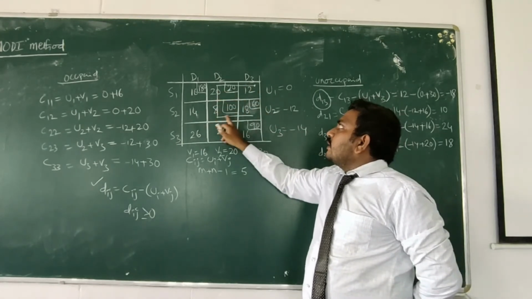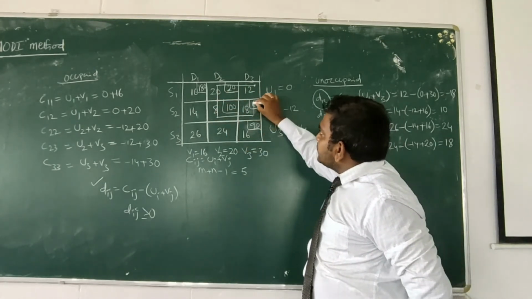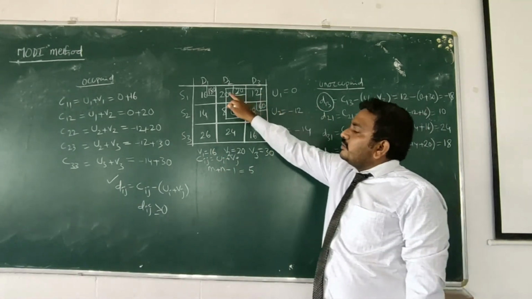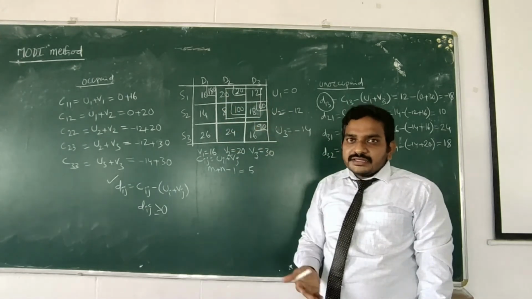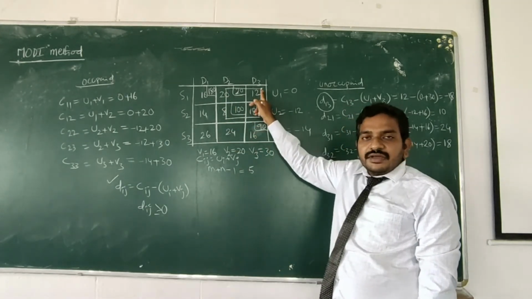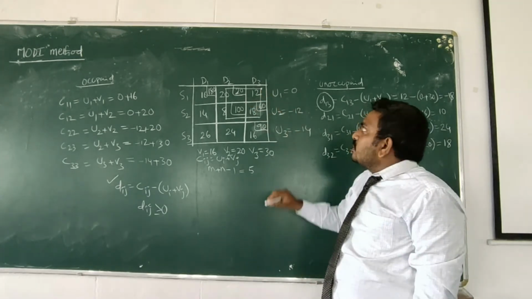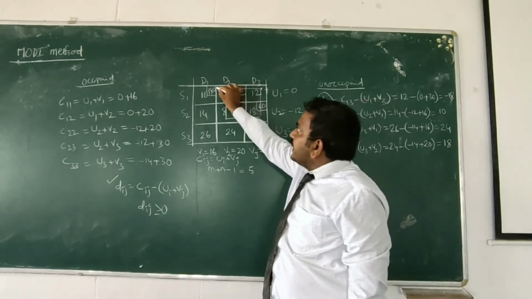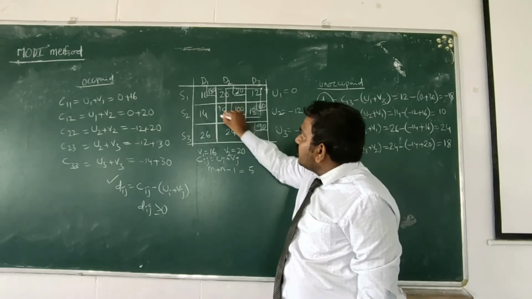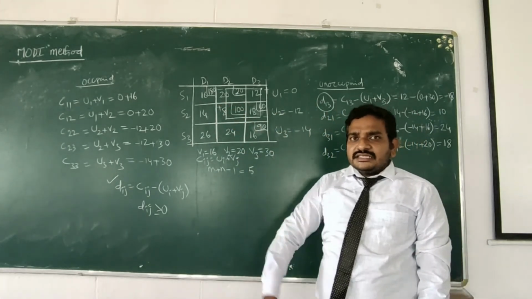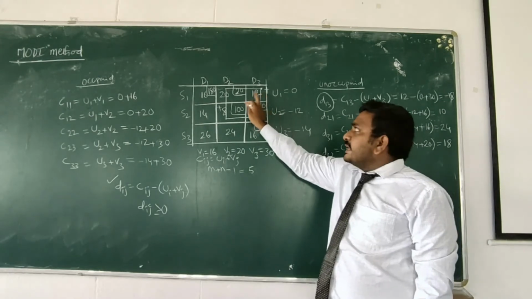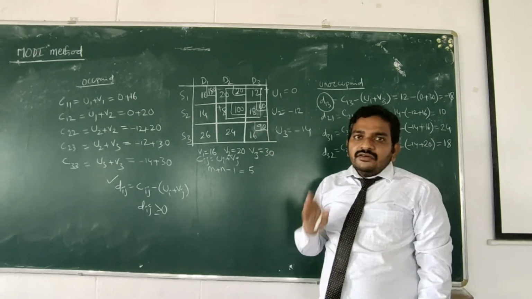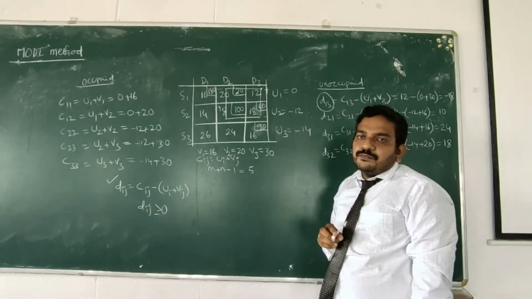Start from the entering cell D13, move through the occupied cells and then reach the same cell where you started, as a closed path. Where you started, put a positive sign, the next negative, then positive again, and negative. Alternately change the sign. In this closed loop path, I have two positives and two negatives.